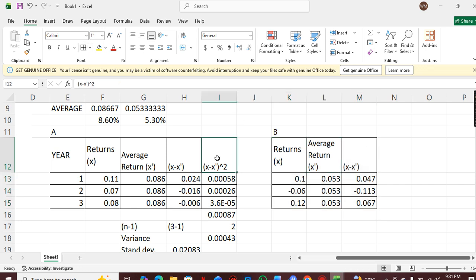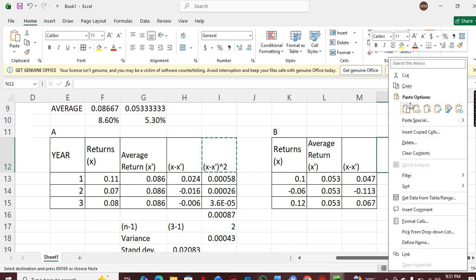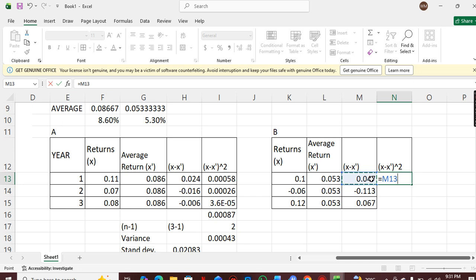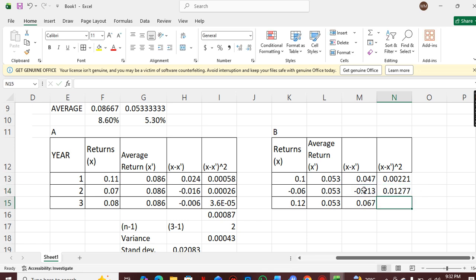Then next, we need to square each of our deviations: 0.047 squared, this squared, this squared.